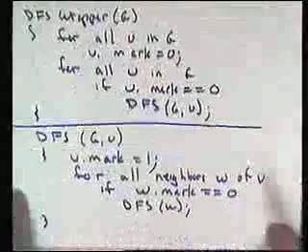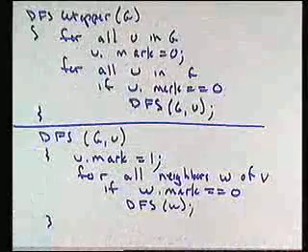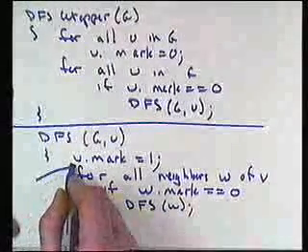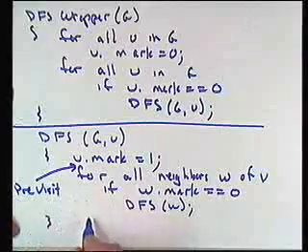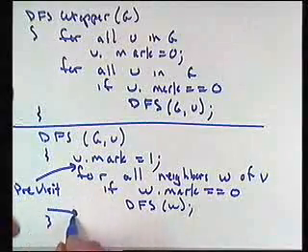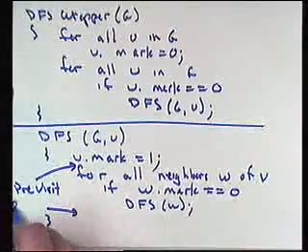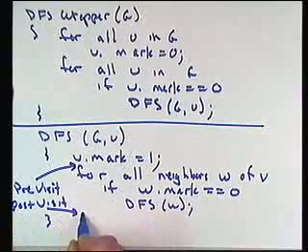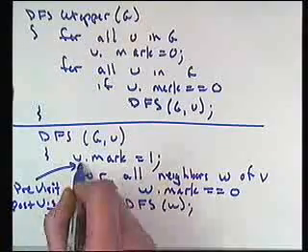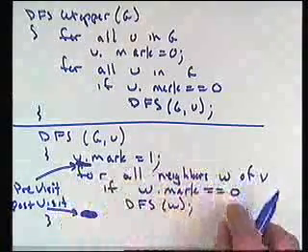There's also the idea of visiting. If you take a look at the book, you've got right here the notion of a pre-visit, and right here the notion of a post-visit, at this spot in the code and at this spot in the code.